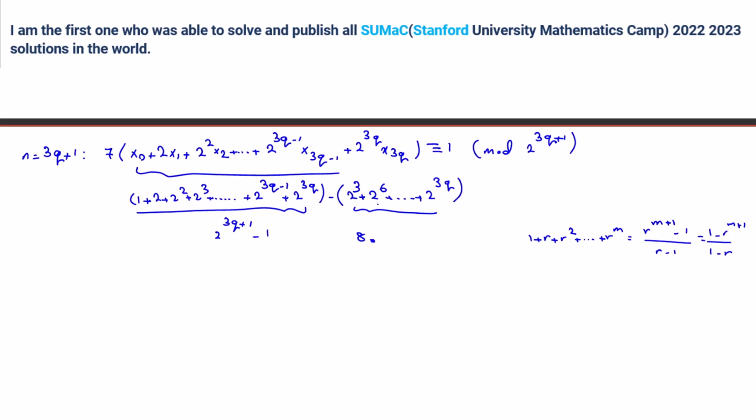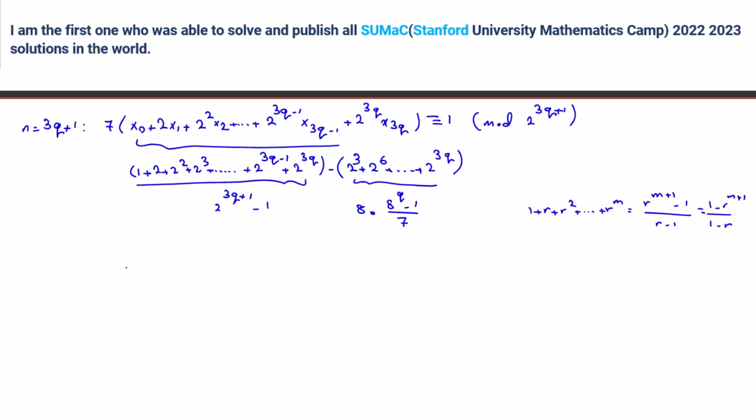It is from 1, 8 squared to 8 to the q minus 1. So it is 8 to the q minus 1 over 7, right? So 7 times 2 to the 3q plus 1 minus 1, and 7 times this is plus 8 times 8 to the q minus 1, right? Plus 7 times 2 to the 3q x3q is 1 mod 2 to the 3q plus 1, right?